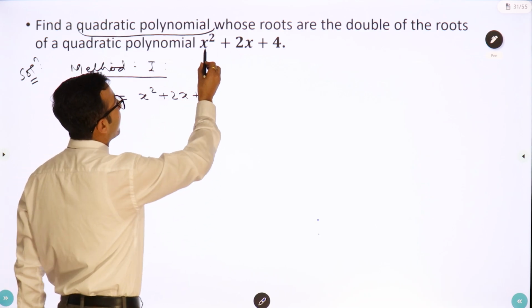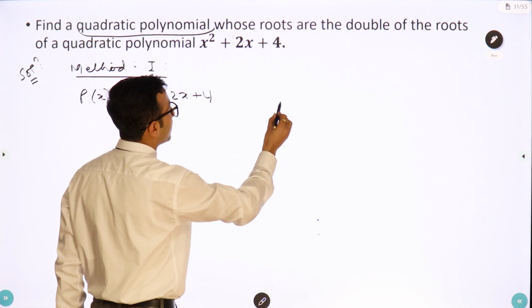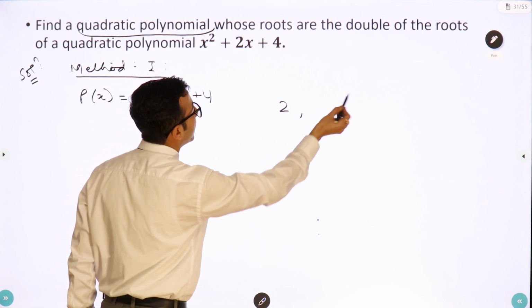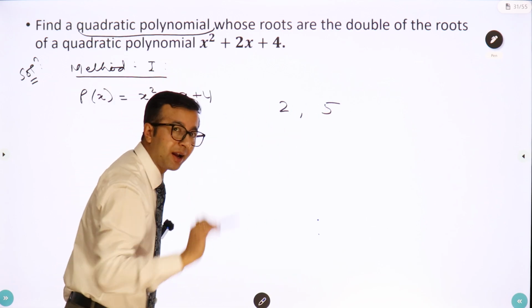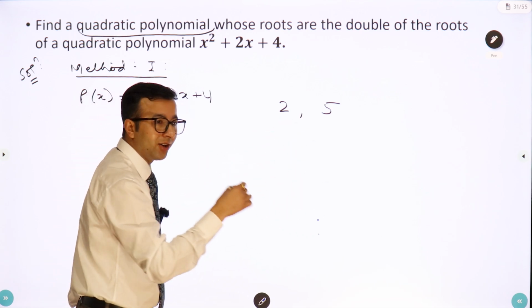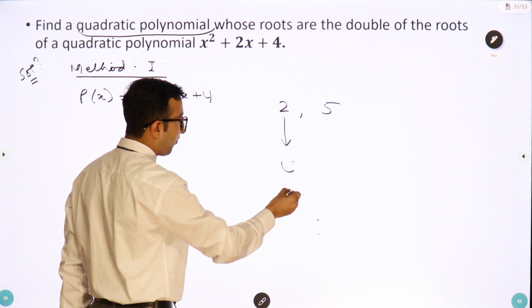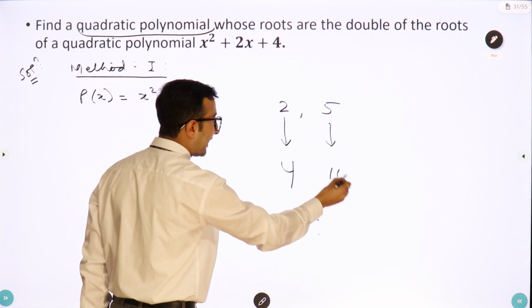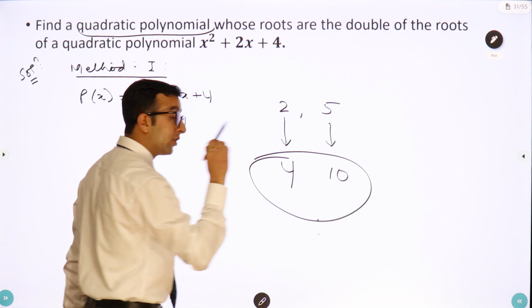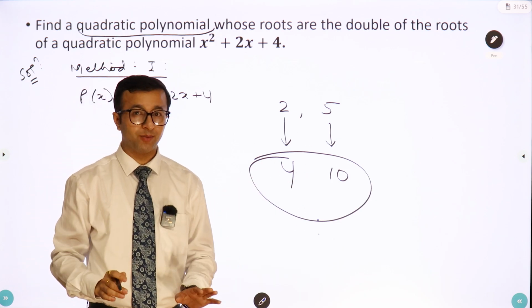Suppose the roots of this quadratic polynomial are, let's say, 2 and 5, only for example. Then you need to find a quadratic polynomial whose roots are double of these. What is the double of 2? 4. What is the double of 5? 10. So by using roots 4 and 10, we are supposed to obtain the quadratic polynomial.